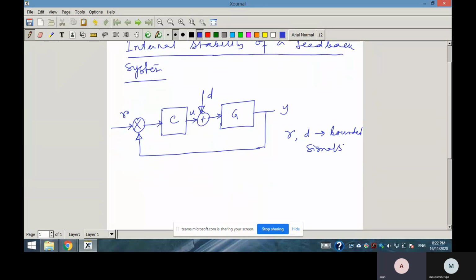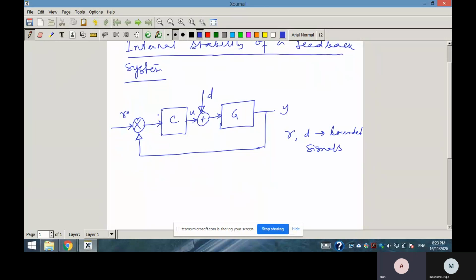Exogenous signals are all bounded signals. So what are the internal signals?